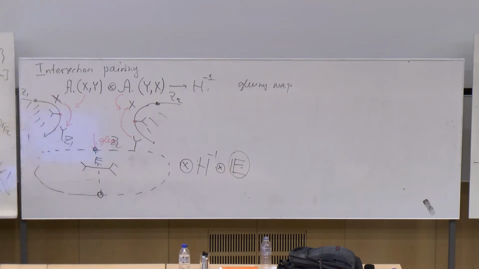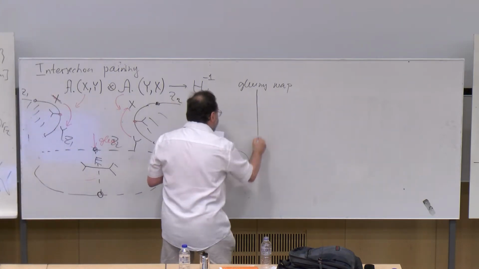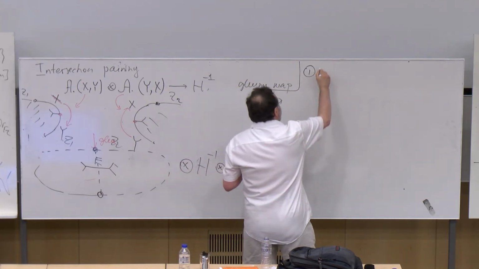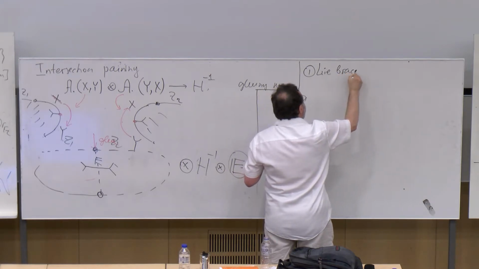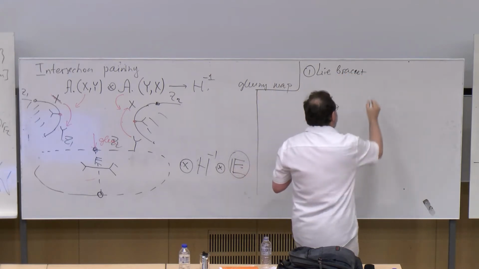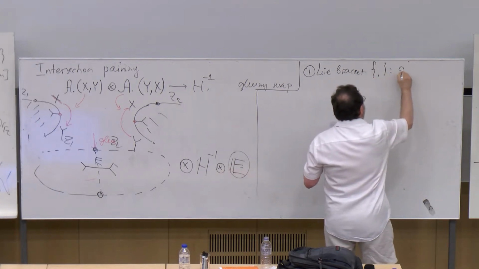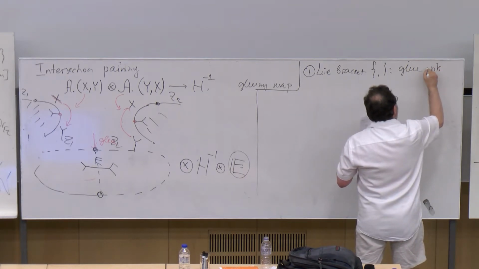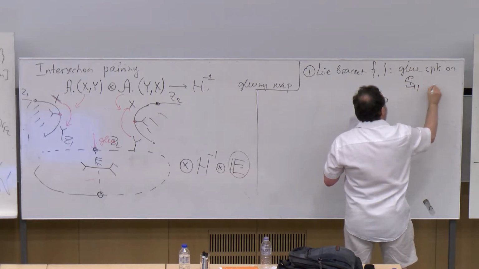So I define the gluing map. Now, this gluing map produces everything. First of all, you wanted to have a Lie bracket. If you want a Lie bracket, what you do is glue special points on two decorated surfaces, S1 and S2.